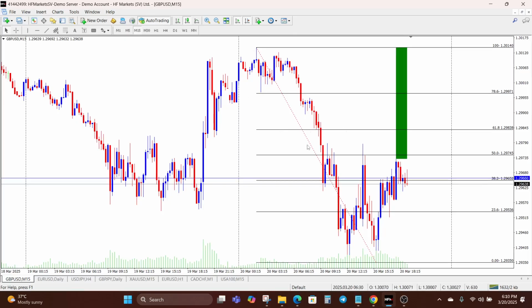So this tool is based on the Fibonacci sequence. It's a series of numbers that include 0, 1, 1, 2, 3, 5, 8, 13, 21, and so on. When you divide these numbers by adjacent ones, you get the Fibonacci ratios: 23.6%, 38.2%, 50%, 61.8%, and 78.6%.